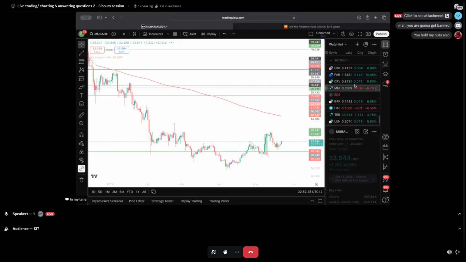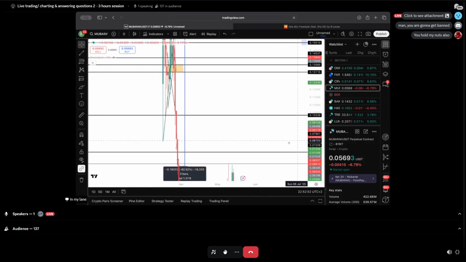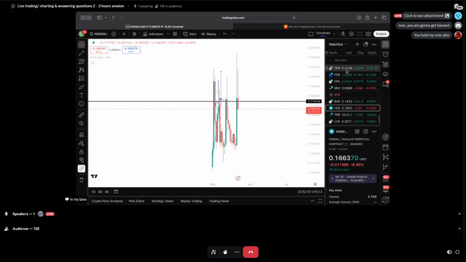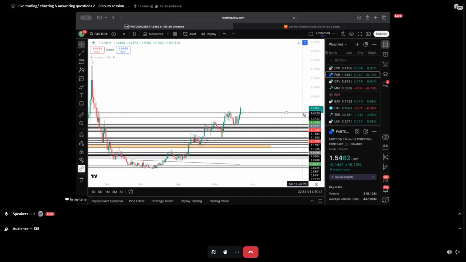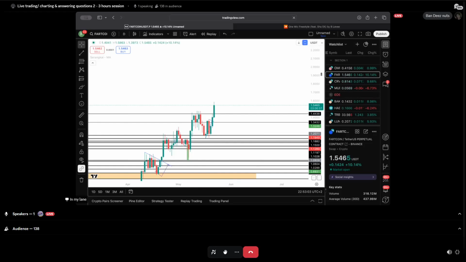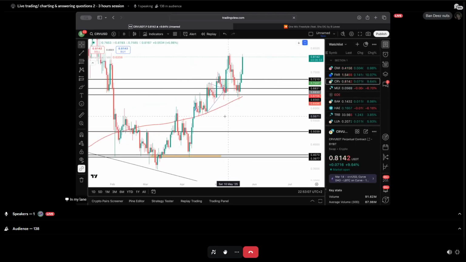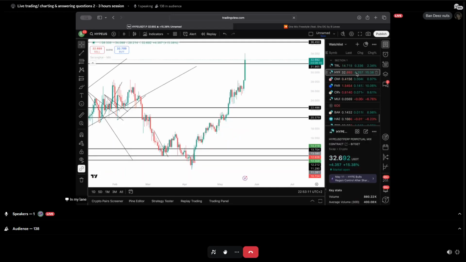But there are many simple setups you all can take based on my levels. You see here, there are many setups you can make yourself based on my levels I have here.